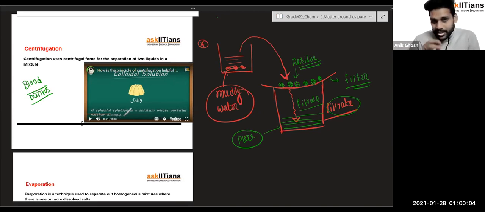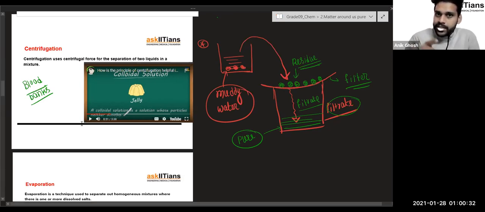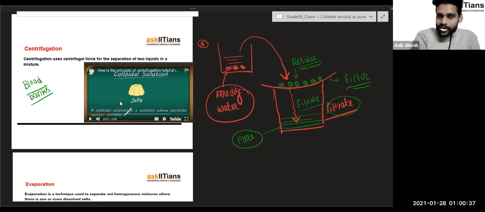The particle size is such that it won't dissolve completely, nor will it sediment. It would be floating inside the solution, and you would not be able to see the particles properly, but you would see that it is a translucent type of mixture. Like I told you, milk in water is an example of that. Jelly is also an example of colloidal solutions.